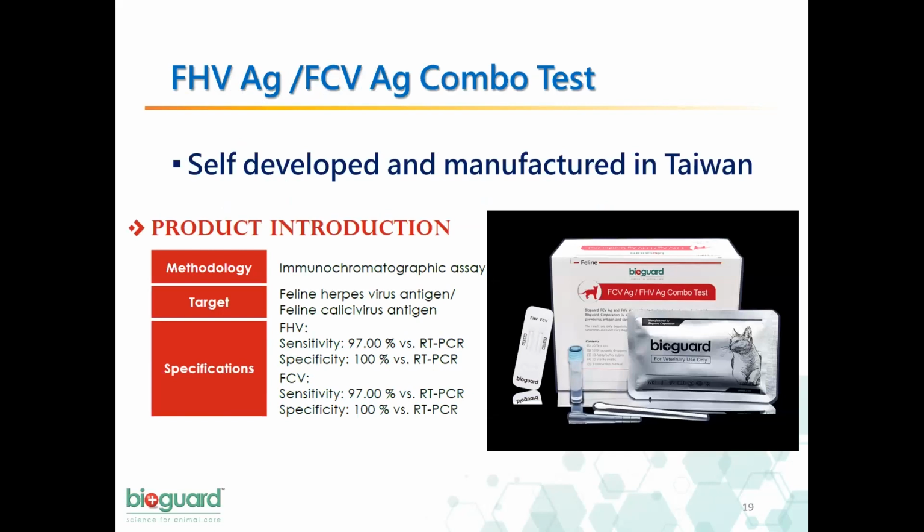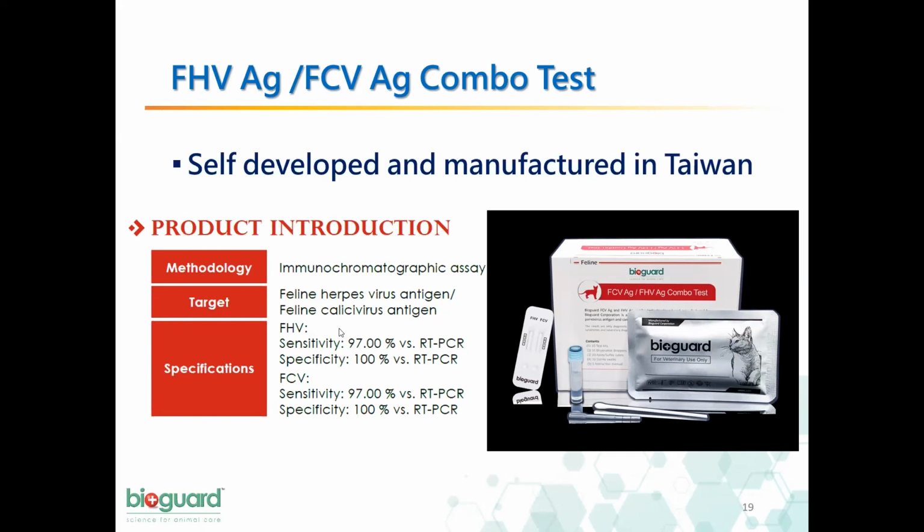Talking about tests in our laboratories, we use immunochromatographic assays in the form of a rapid test kit, which will give you more reliable results for detection of feline herpes virus antigen. This is an antigen detection test in combination with feline calicivirus, a combo test which we use in our laboratories.